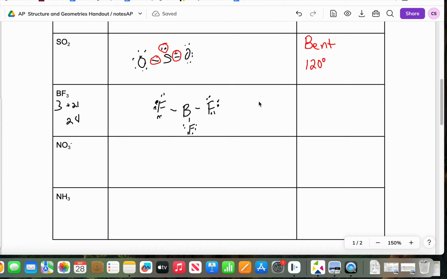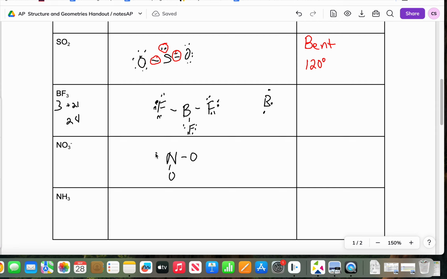If you look at the dot structure of boron, it only has 3 valence electrons, so it's not going to have a lone pair on it. So they go with the fluorine, and that gives you 24. Boron is another violator of the octet rule. Okay, NO3.